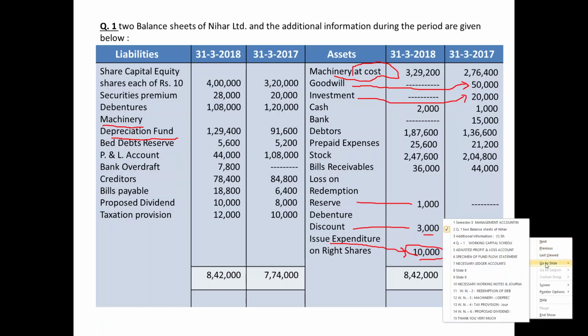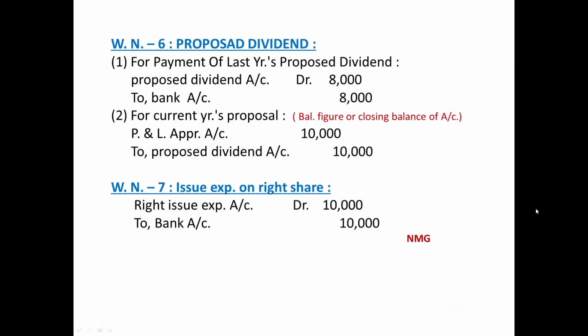It means this expenditure would have been done in the current year, because in the current year, as per additional information item number 1, the company has made a right issue. So in the context of that right issue, this is the expenditure that has been incurred in the current year. So 7th working note, right issue expenditure.